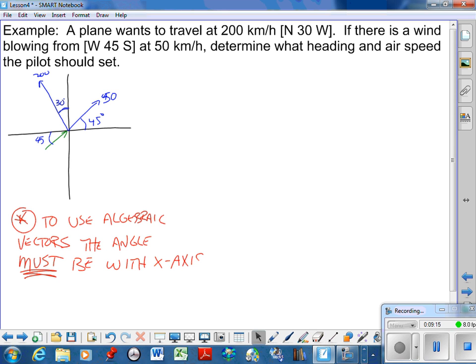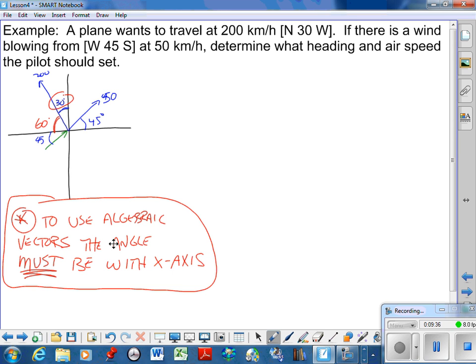That's the only way our algebraic formula and all the formulas we use work. So this angle is not good for us. We don't want this angle. It's this angle we want. So please be aware when you're going through the questions, the angle must always be with the x-axis all the time.